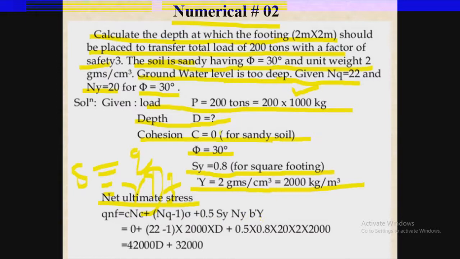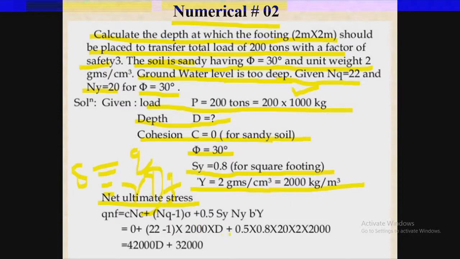C is 0 because the soil is sandy, so the first term is neglected, plus Nq is 22, sigma is unit weight into depth of the foundation, so gamma over here is 2000 kilogram per cubic meter.